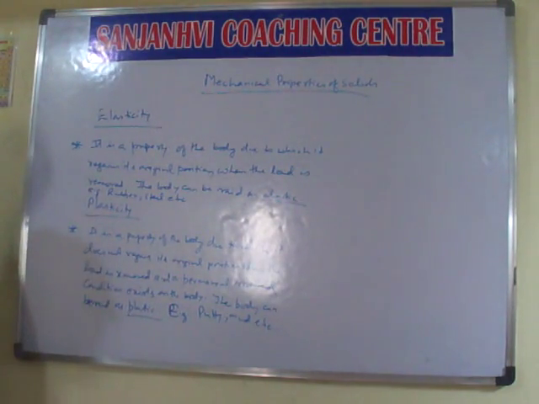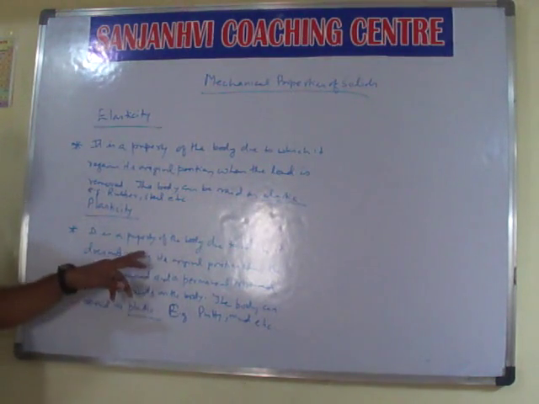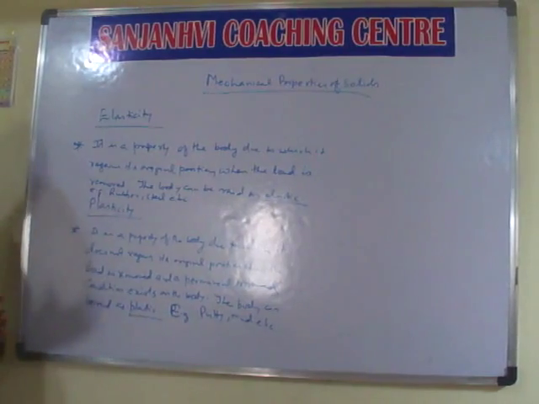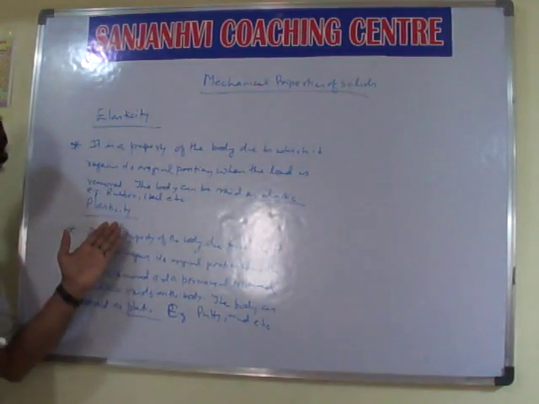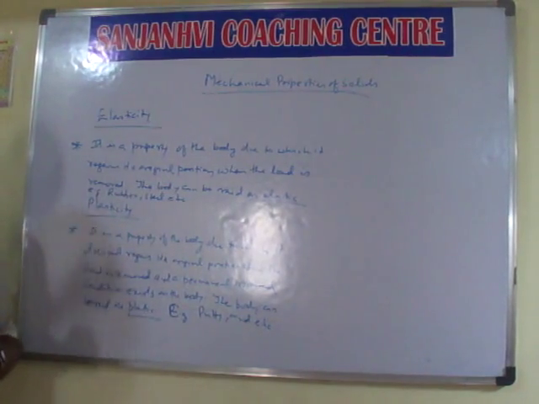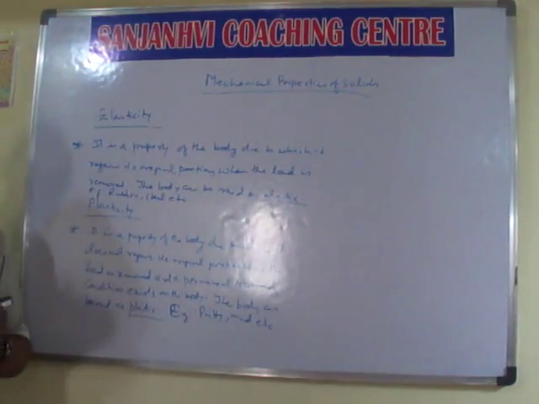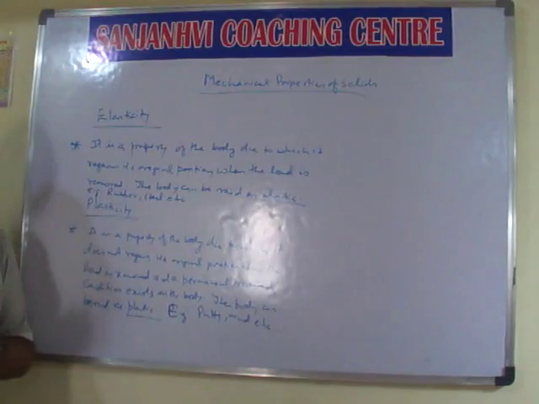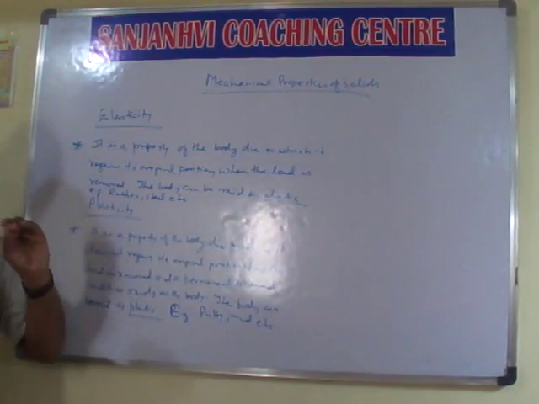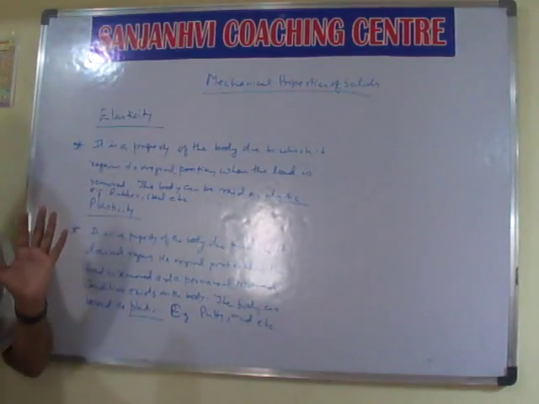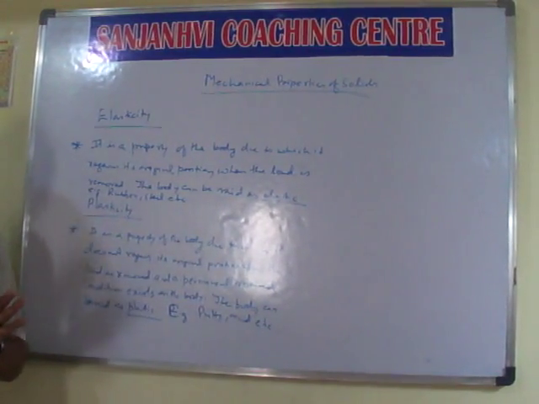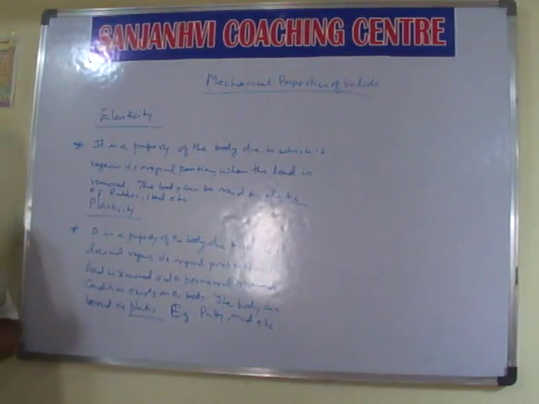Another property is called plasticity. This plastic stage will come only when the elastic limit has been crossed. Suppose a body can sustain a 5 kg load. Within 5 kg, the body will regain its original position when the load is removed.